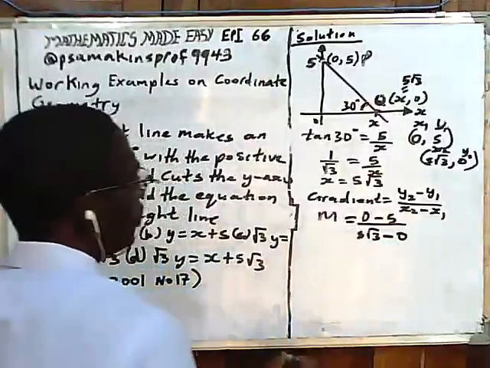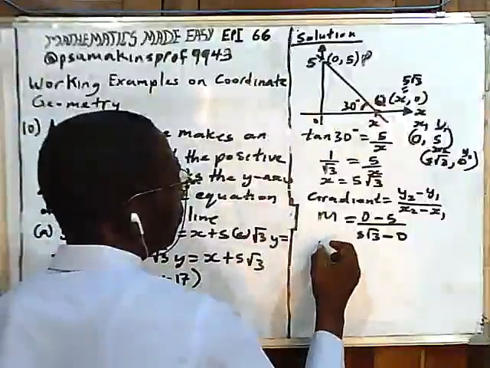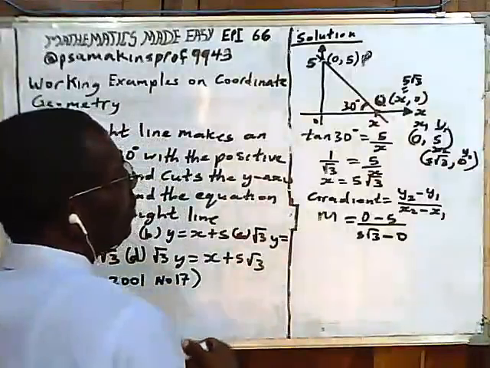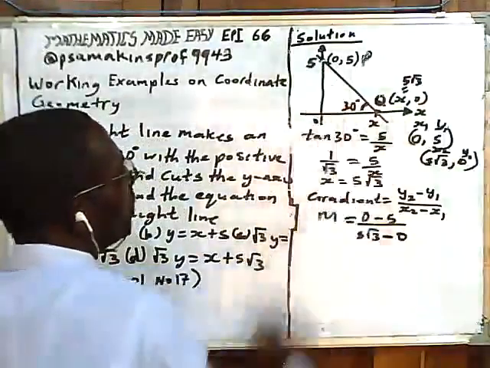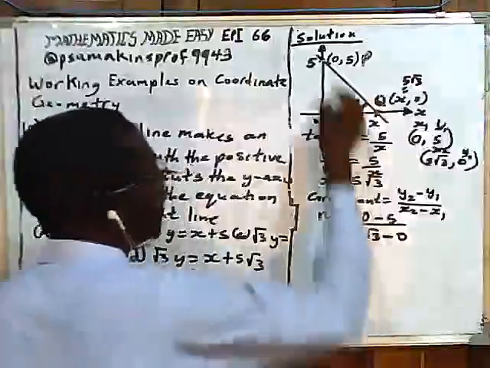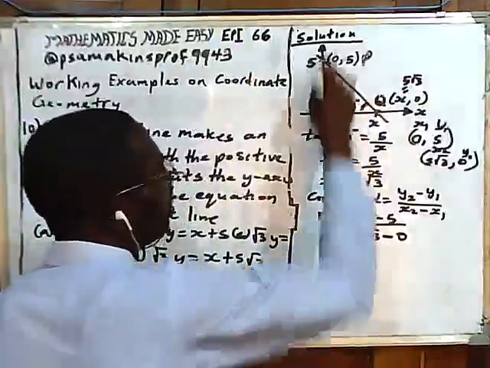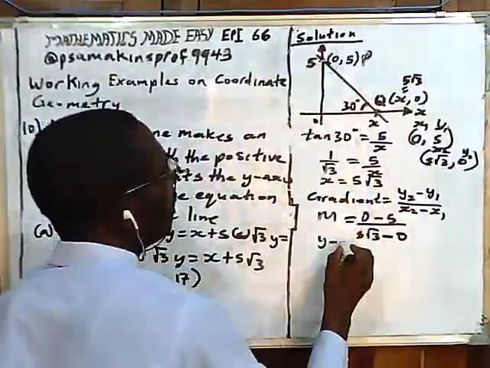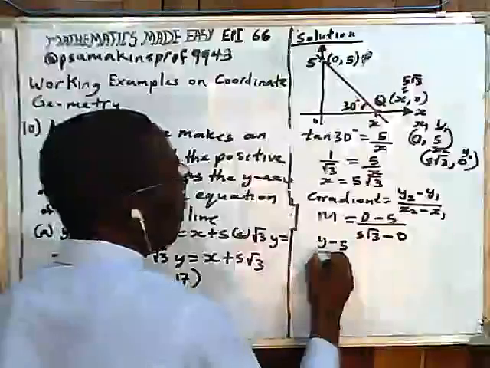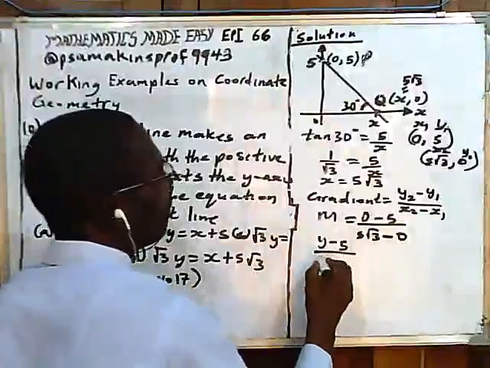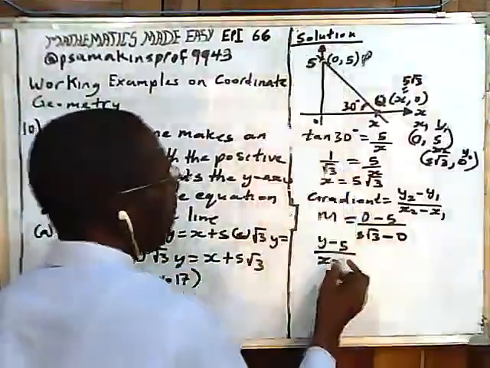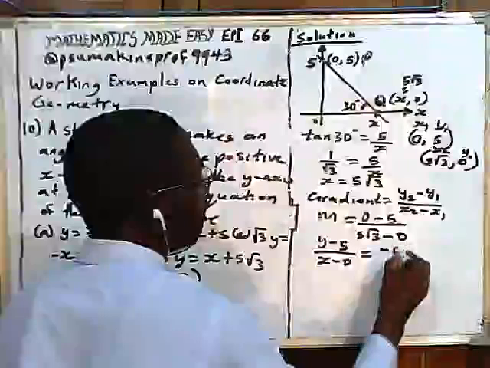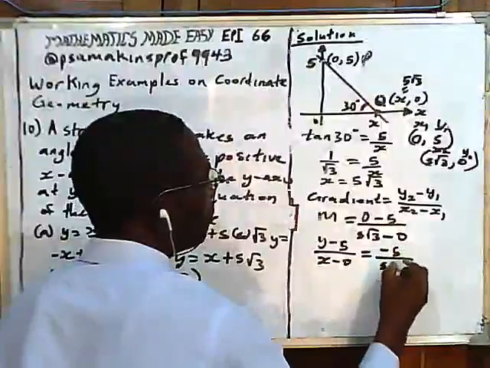If that is the case, don't forget that your gradient is this upon this. So keeping this one in isolation, that will be y minus y1, which is 5, all over x minus x1, which is 0, equals minus 5 over 5 root 3.